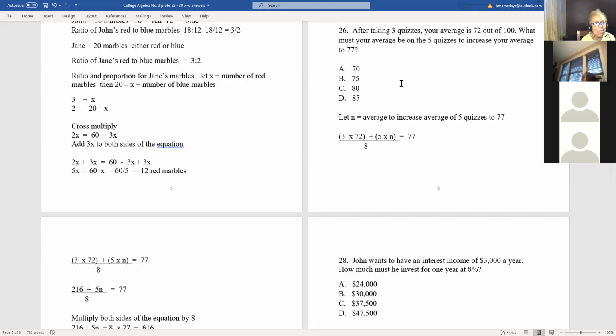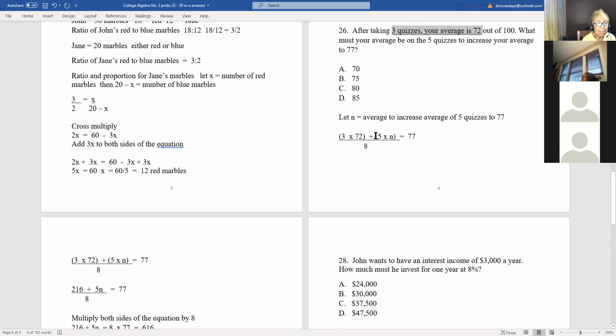See, the thing is, you were given 3 quizzes right here, average 72. So now you know that the total is 3 times 72. But it says, what must your average be on the 5 quizzes to increase your average to 77? See, we don't know what that average is.